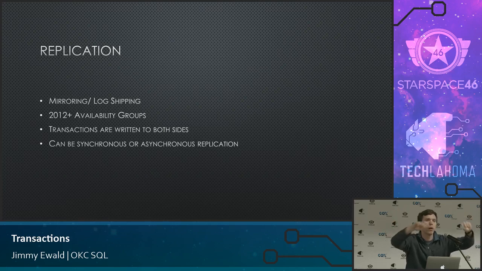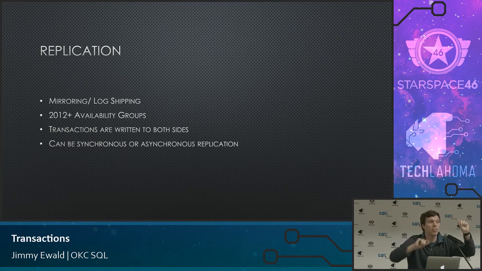So if you try to complete a transaction in a synchronous availability group or mirror and you have a break, the replication is broken. The data can't communicate to the other server.